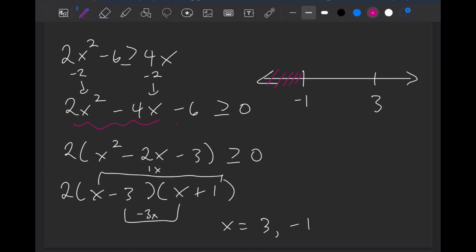And then if I plug in something like 4, to the right of 3, I will get 26 is greater than or equal to 16, which is true. So that is also part of the solution. So for this one, the answer would be when x is less than or equal to minus 1, comma, x is greater than or equal to 3.